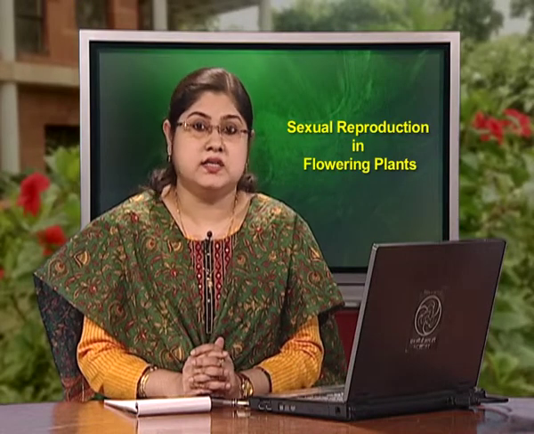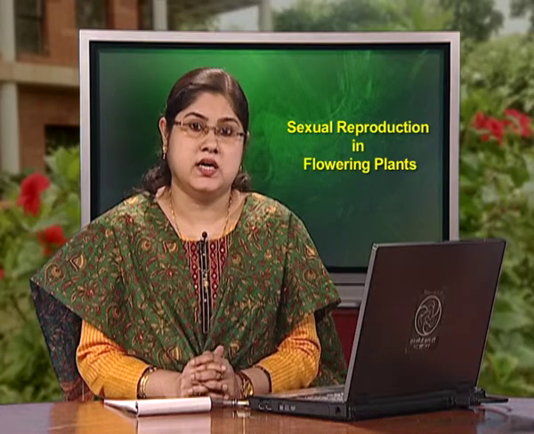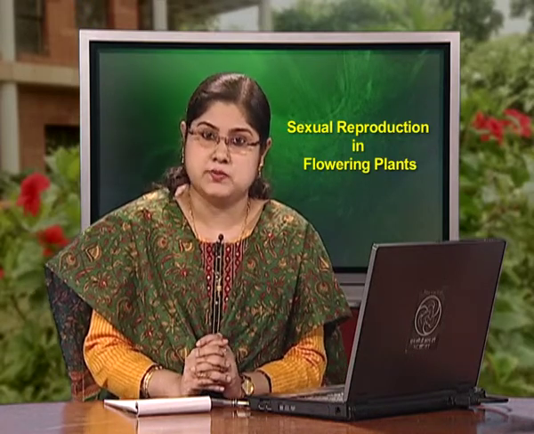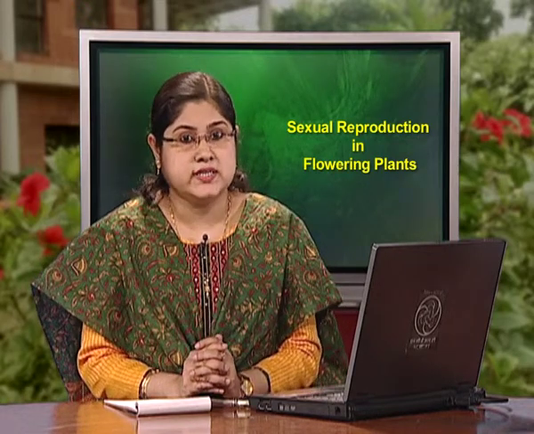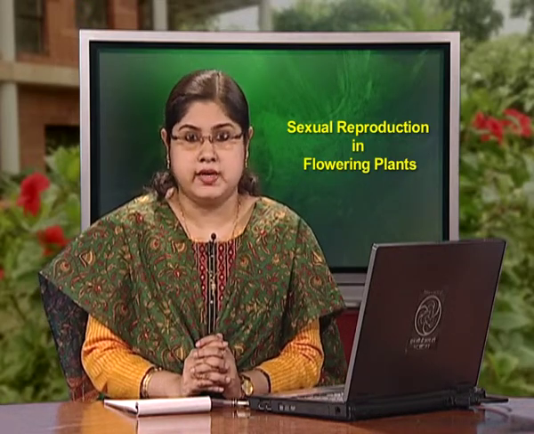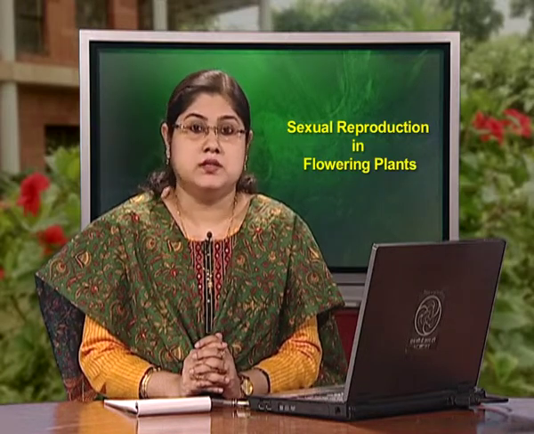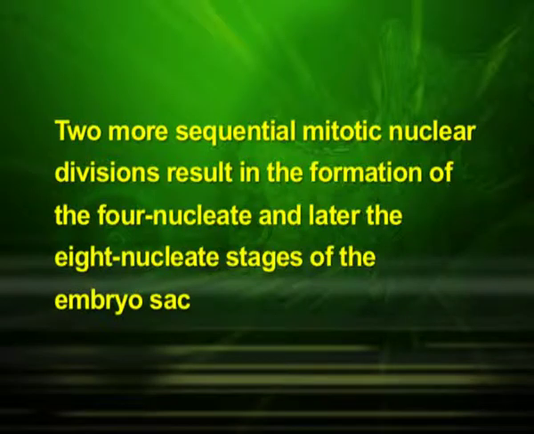Let us study the formation of the embryo sac in a little more detail. The nucleus of the functional megaspore divides mitotically to form 2 nuclei which move to the opposite poles, forming the 2-nucleate embryo sac. 2 more sequential mitotic nuclear divisions result in the formation of the 4-nucleate and later the 8-nucleate stages of the embryo sac.